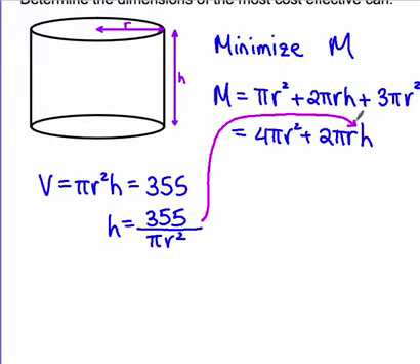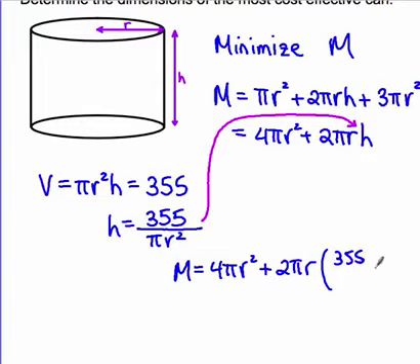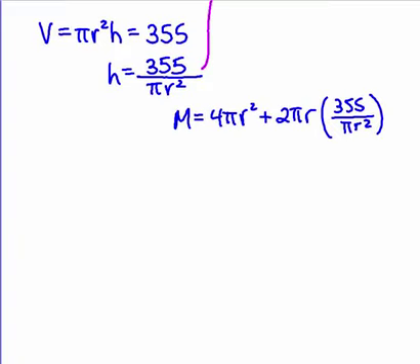for that h. And so my final formula here becomes M equals 4 pi r squared plus 2 pi r times h, which is now 355 over pi r squared. It would probably make sense for us to try and clean this up as much as we can before we take the derivative.